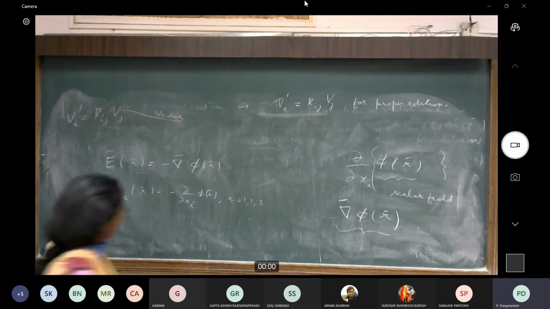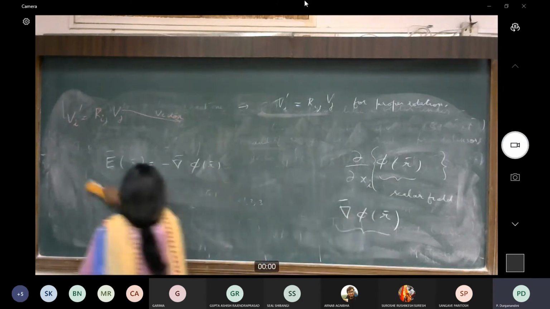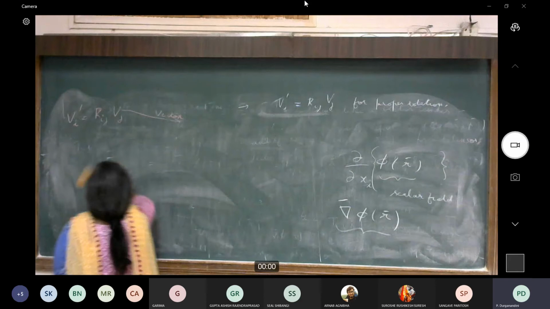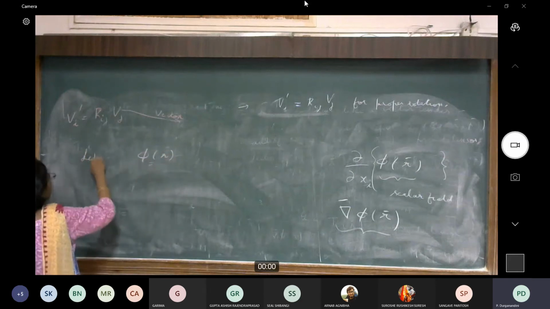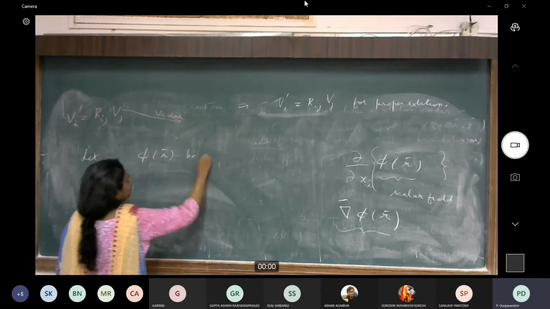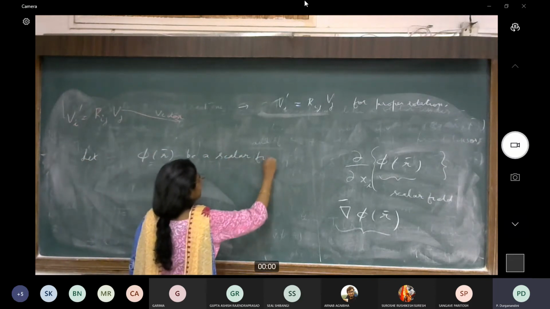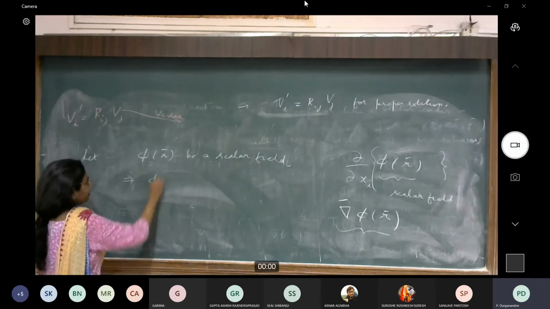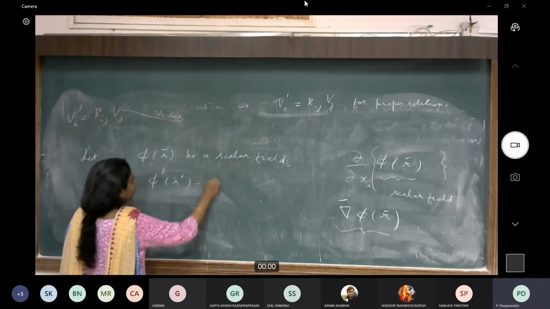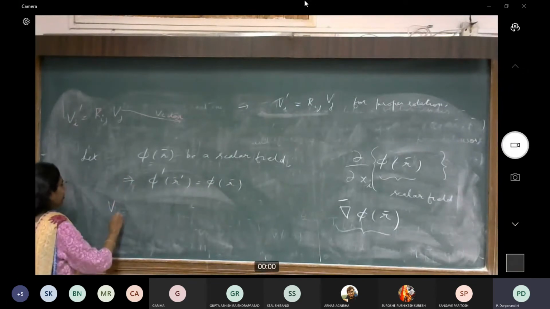So let me define this. Before I get into the electric field, let us just say that suppose I have phi as a scalar. So let phi of R be a scalar. When I say scalar, it means a scalar field. What this implies is that phi prime of R prime equals phi of R. Construct this object now.